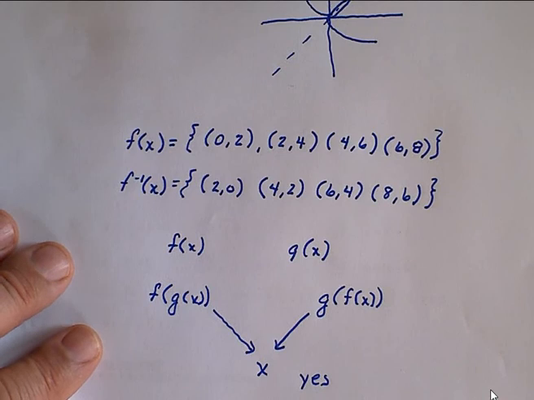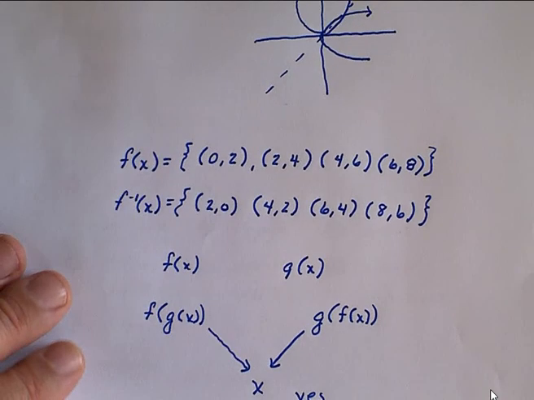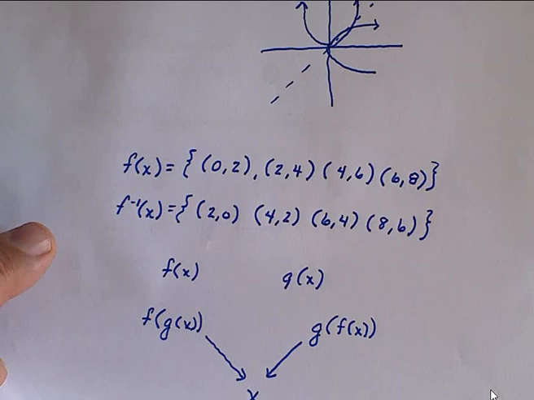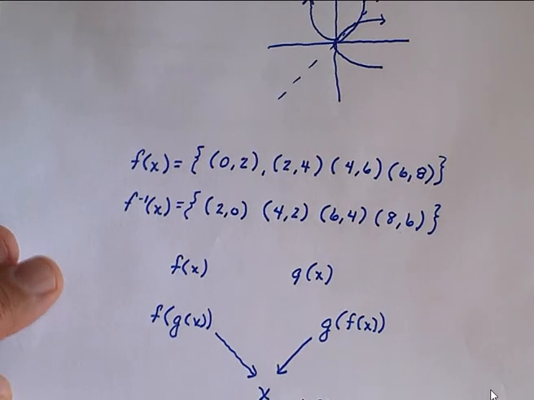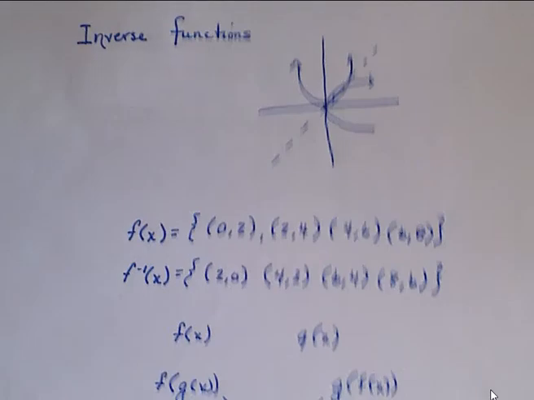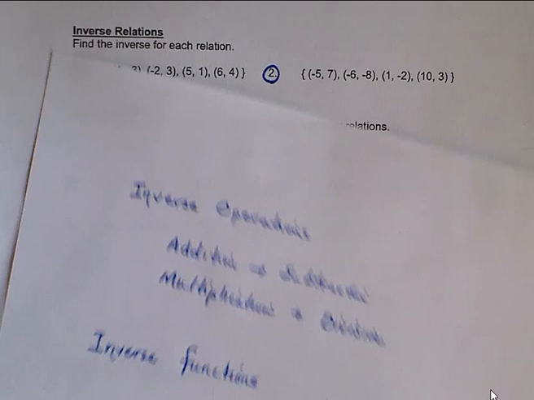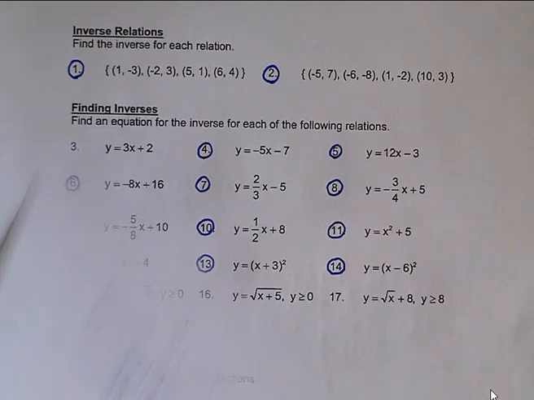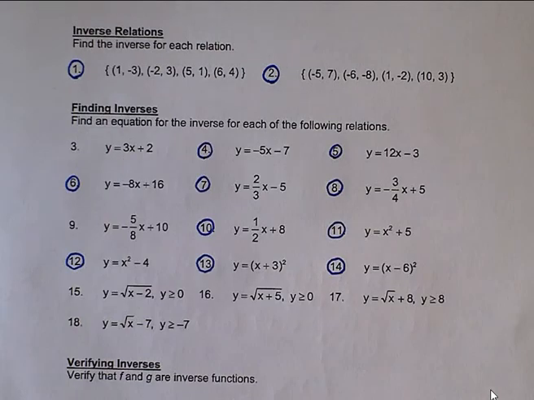So that's what they're going to ask you to do. The worksheet has a lot of problems. After I looked at it, I went, what am I doing? There's no reason you need to do this much. So here are the problems I'm asking you to do on this worksheet entitled 7.4 Inverse Functions.